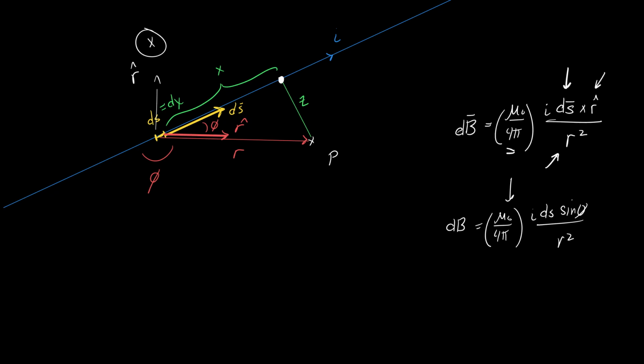R is the actual physical distance between the piece of wire and our point in space, and phi is the angle between ds, our piece of wire, and r hat. And ds is a placeholder value meant to imply any arc length related to the wire, so if the wire was bent or curved. We are replacing that with dx since we're using a pointer of x. Does that cap off all the reasons why those things are there?